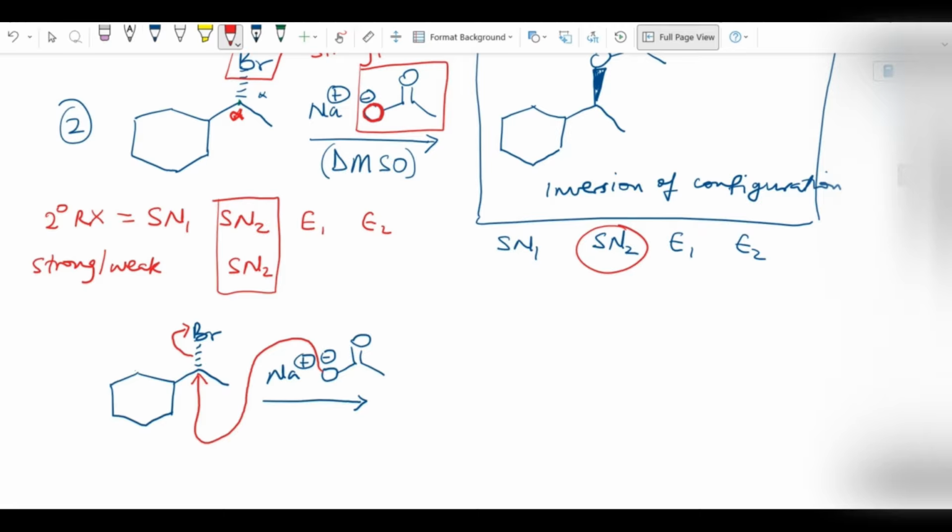Then it will kick out the leaving group. So to draw our product, because it is the oxygen that attacks that alpha carbon, I will draw the bond between that alpha carbon and oxygen.